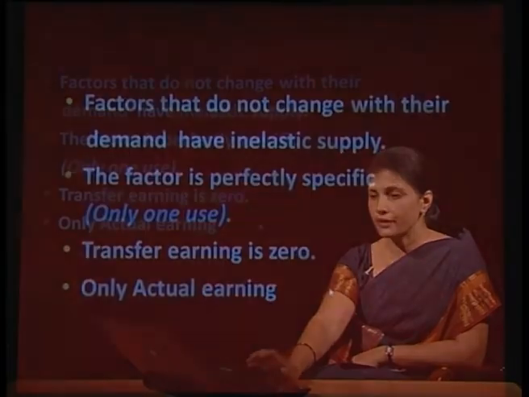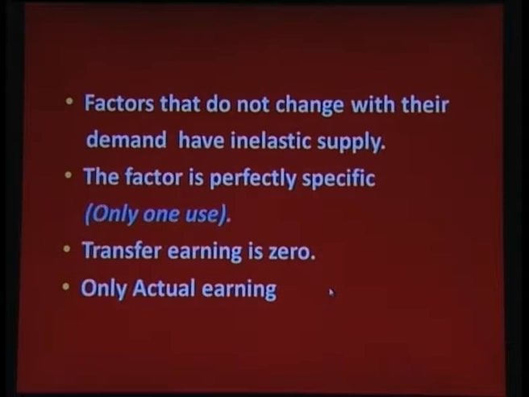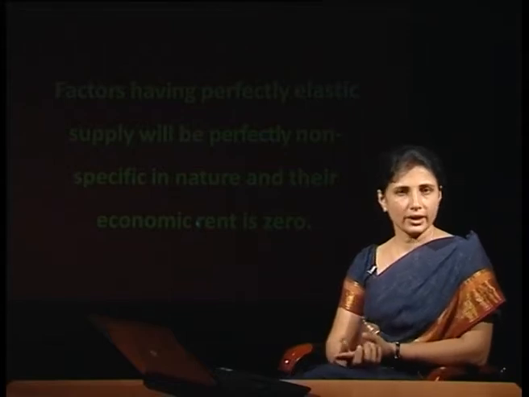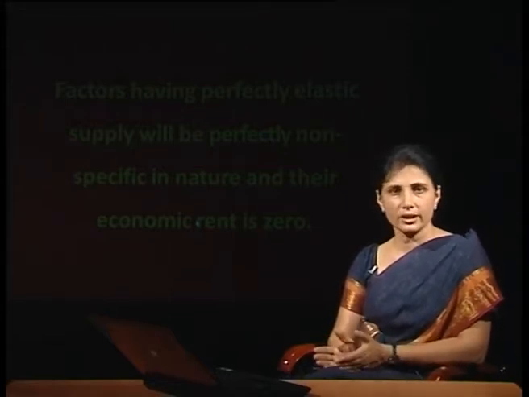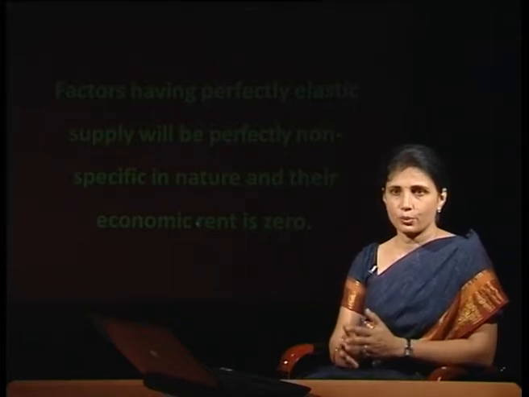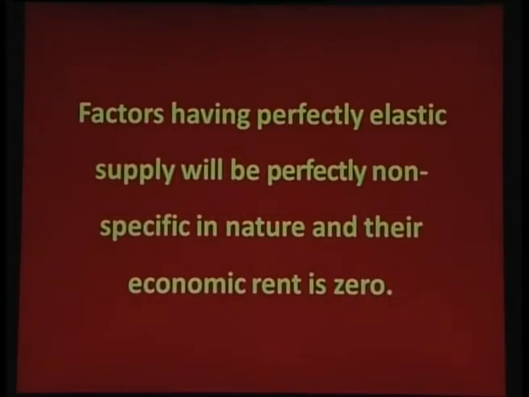The factor is perfectly specific, the factor has only one use and no other use. So, that is why the transfer earning is 0 and there is only actual earning. When the transfer earning is 0 and there is only actual earning, that actual earning is equivalent to the economic rent, and the rent arises and the producer has to give economic rent. Now, factors having perfectly elastic supply will be perfectly non-specific in nature and their economic rent is 0.